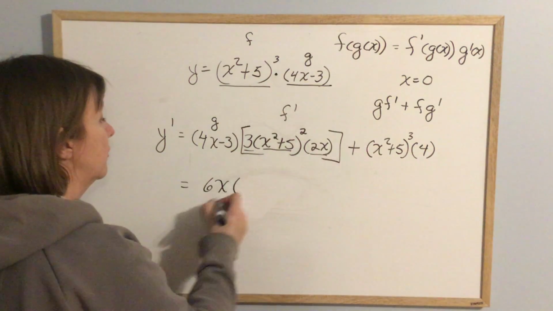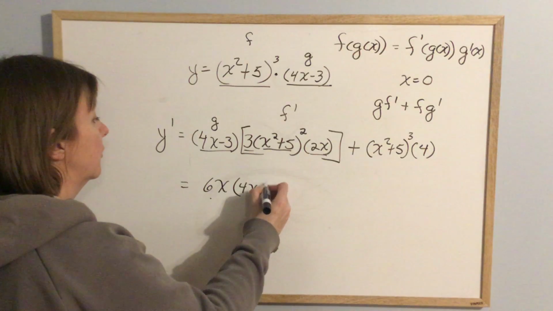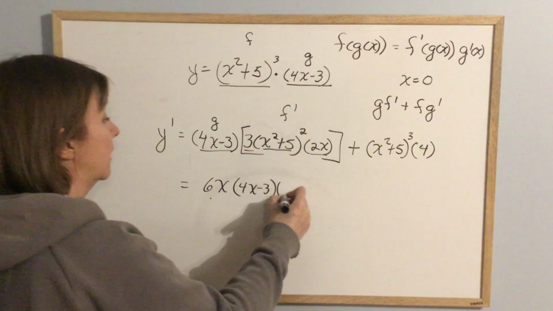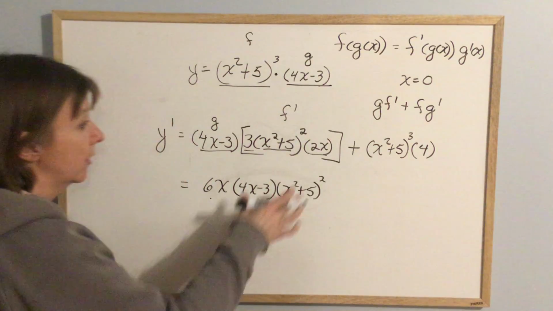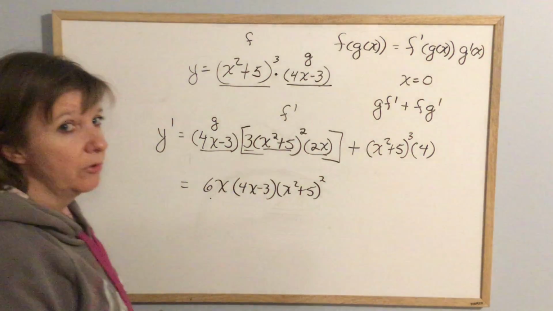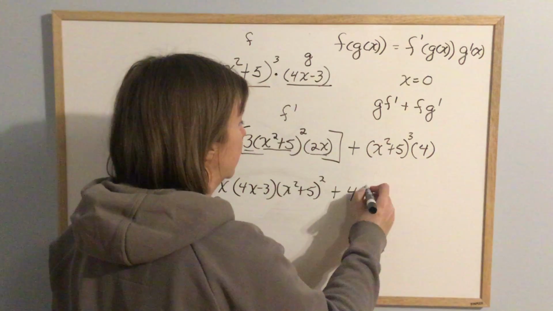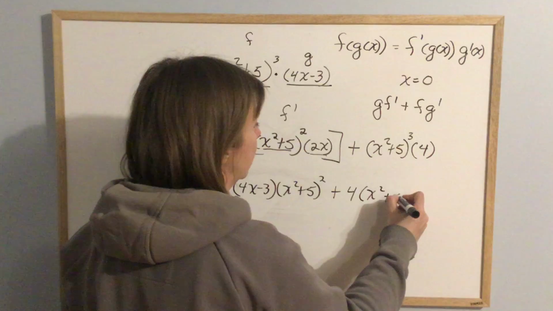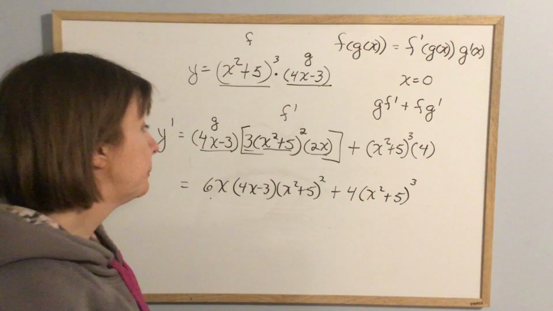So 3 times 2x is 6x times 4x minus 3, and then times x squared plus 5 squared. So that is if you want it cleaned up. Over here, there's really nothing to clean up except that I would probably write the 4 first. No reason for that other than my neuroses.